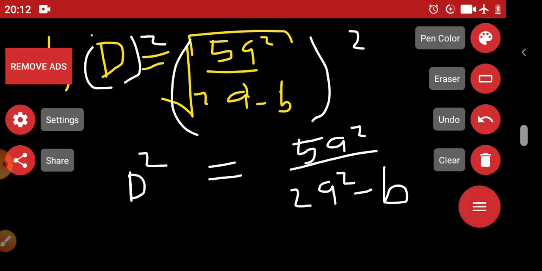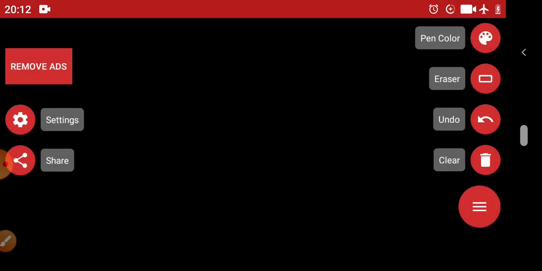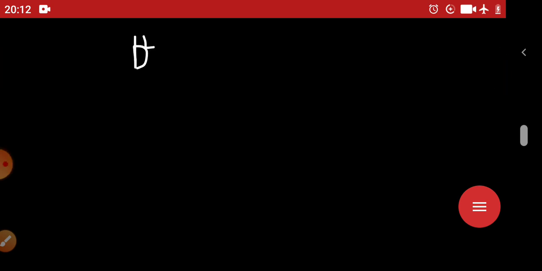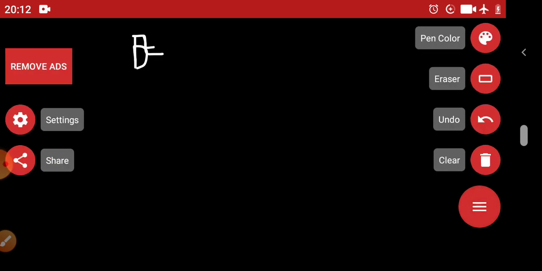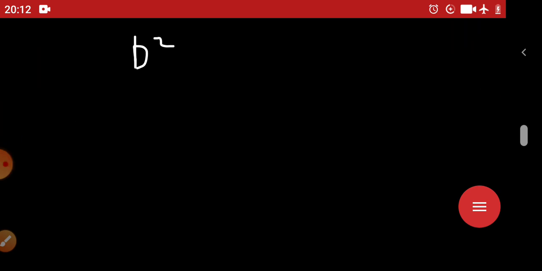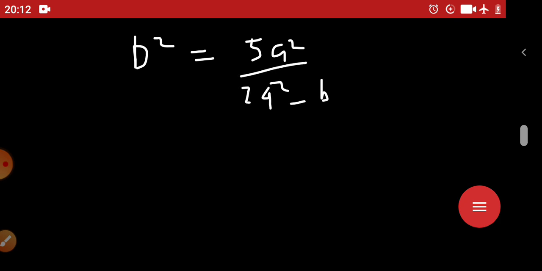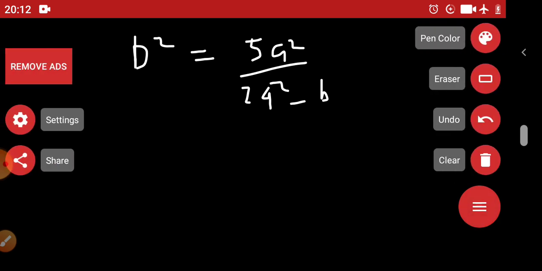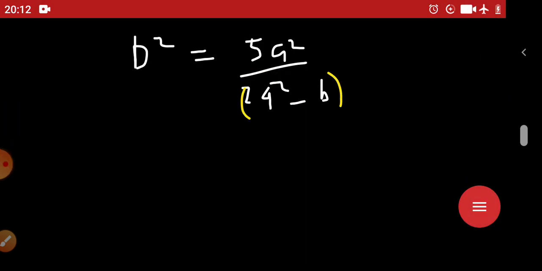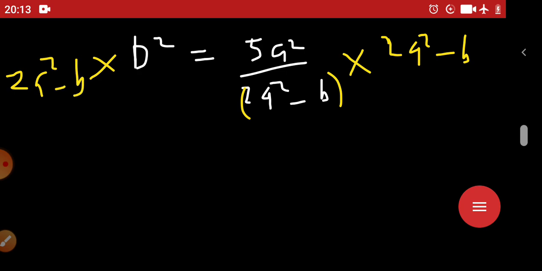So let me open a new page. We have d squared equal to 5a squared over 2a squared minus b, and we want to make a the subject of the formula. So here we need to remove the denominator, so we multiply by 2a squared minus b both sides.